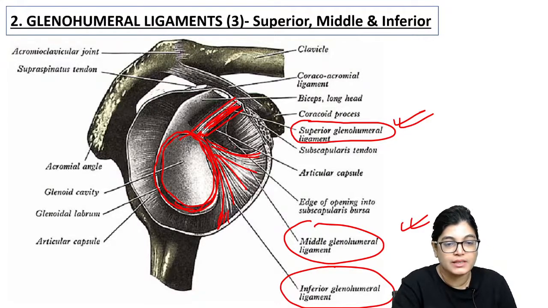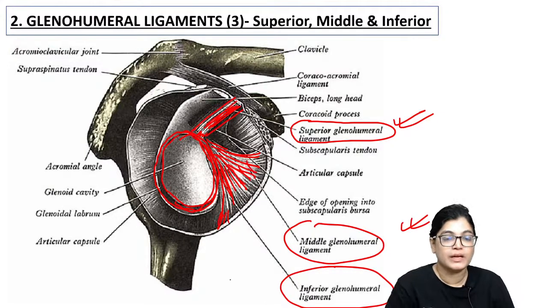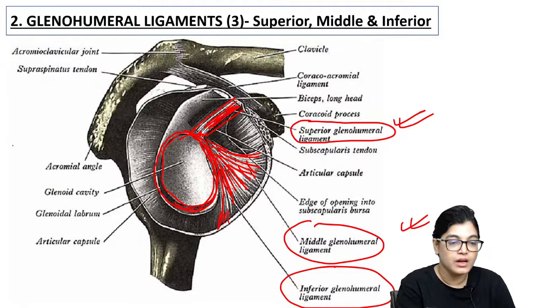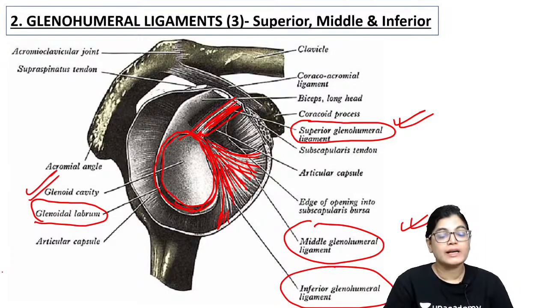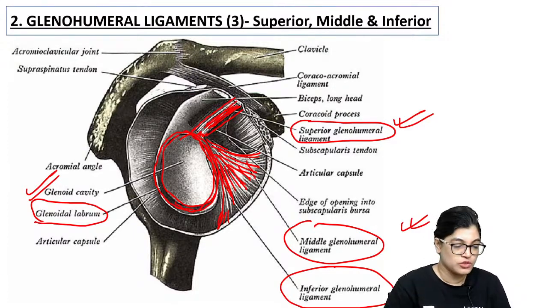As you can see, I am shading the three parts of the glenohumeral ligament, all shown inside the joint cavity, and medially they are attached to the glenoid labrum, which is fused with the glenoid cavity. It is a very important ligament, strengthening the stability of the shoulder joint.